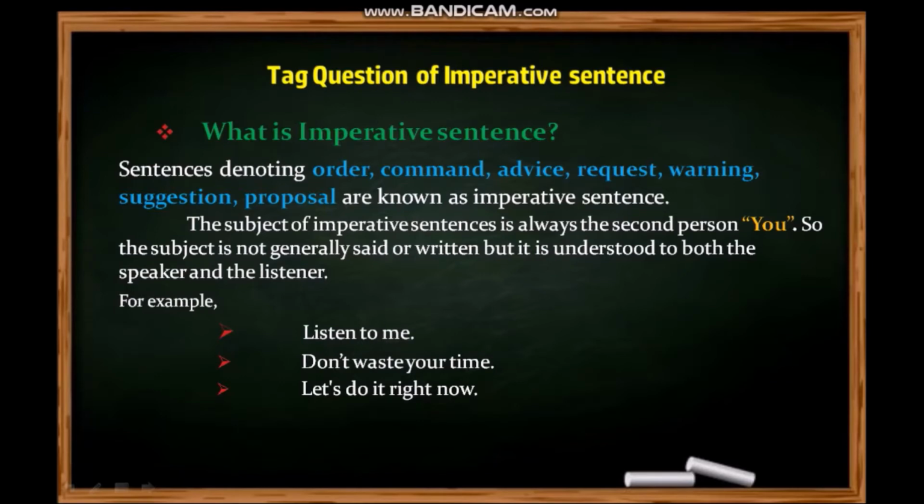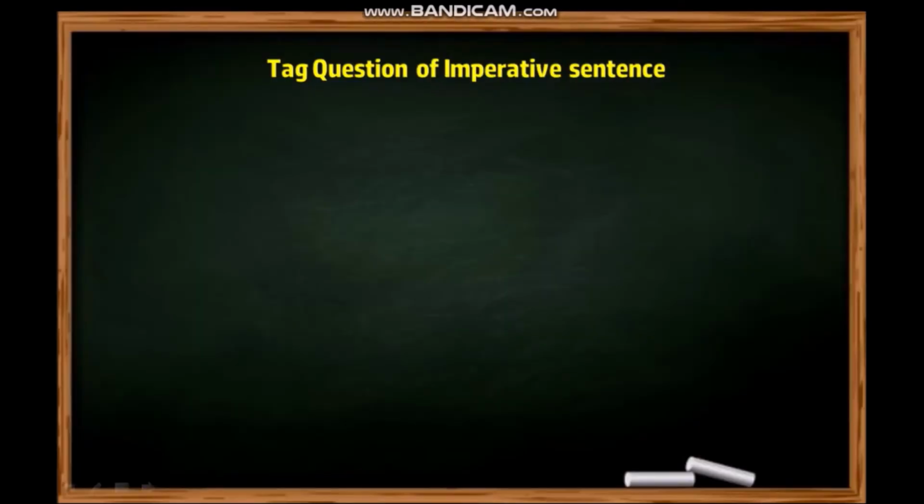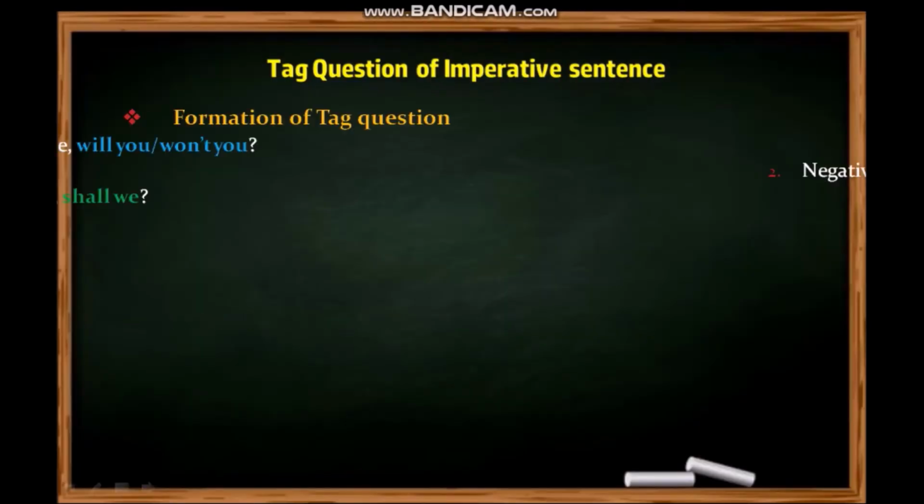The second one, don't waste your time, has a negative meaning. And the third one, let's do it right now, also has a positive meaning. So we have two types of imperative: positive meaning and negative meaning.